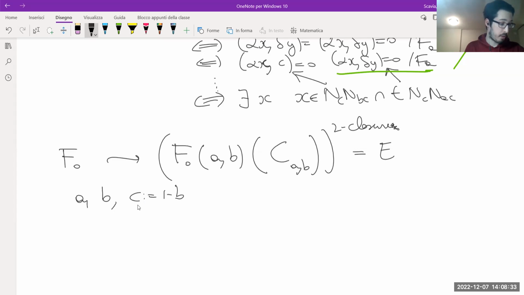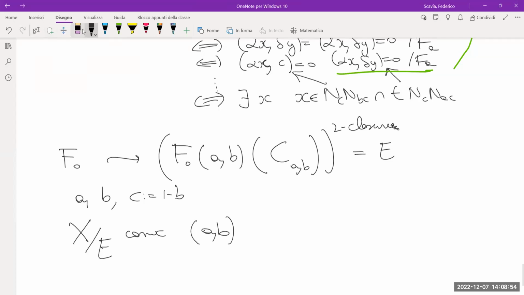And then what we have to do is to consider over E the conic corresponding to the symbol AC. AB, sorry. No, AC, I just killed it. I switched the ending.